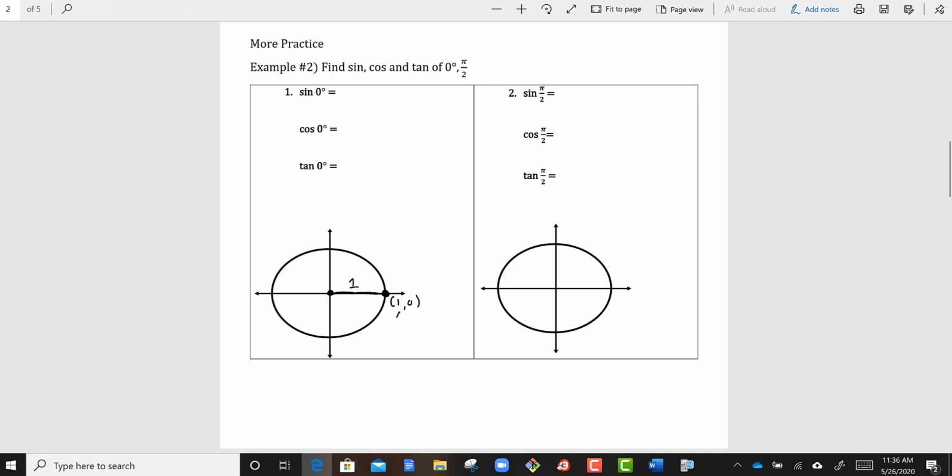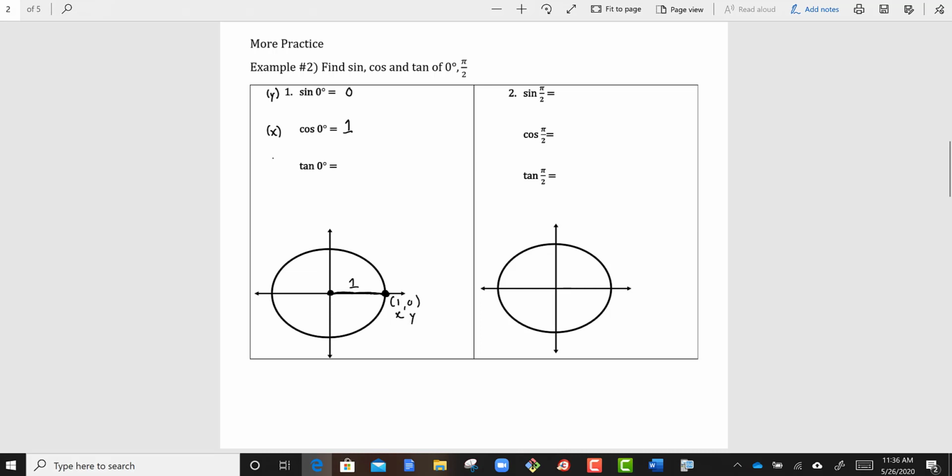And of course, why that is important, because sine, we just learned, is equivalent to the y variable. So the sine of 0 degrees should be 0. Cosine is equivalent to the x variable, so the cosine of 0 degrees should be 1.